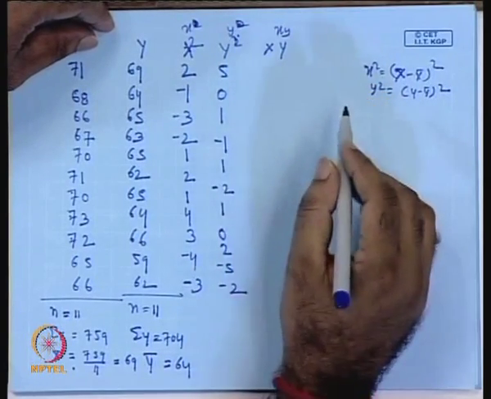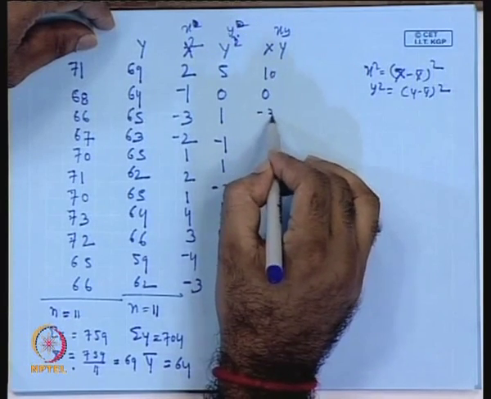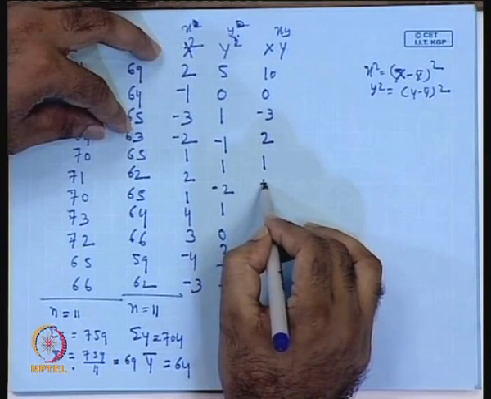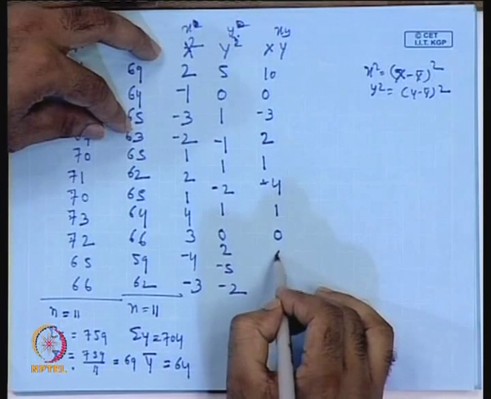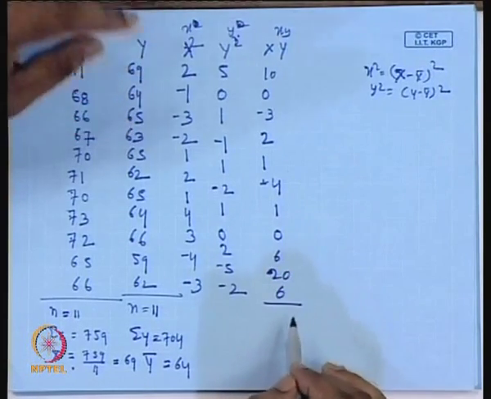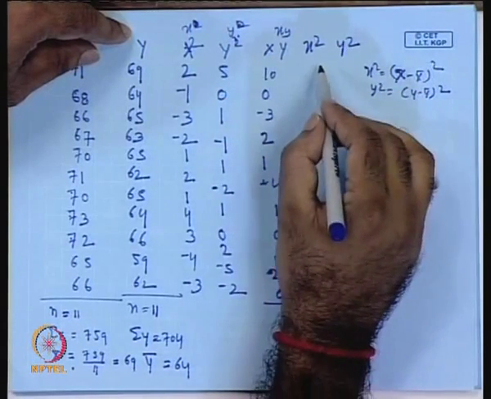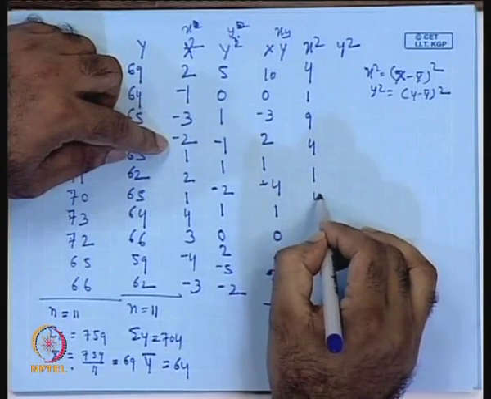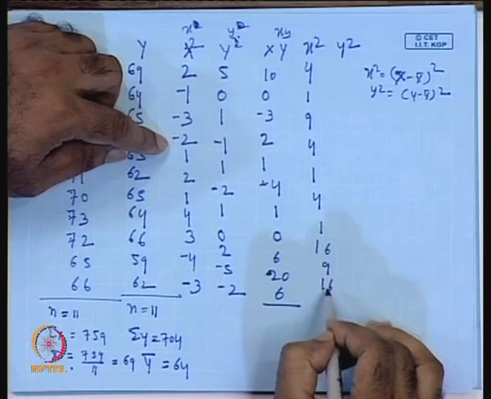So now we need xy. xy of course is 10, then 0, minus 3, then 2, 1, minus 4, then 1, 0, then 6, then 20, then 6. Similarly, you will get x square and y square. X square represents 4, 1, 9, 4, 1, 4, 1, 16, then 9, then 16, then 9.